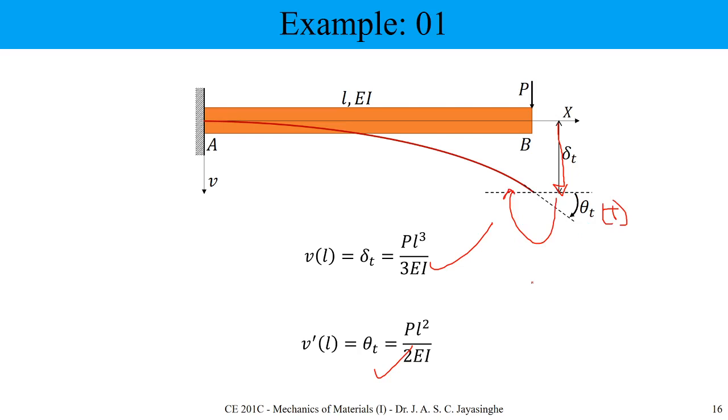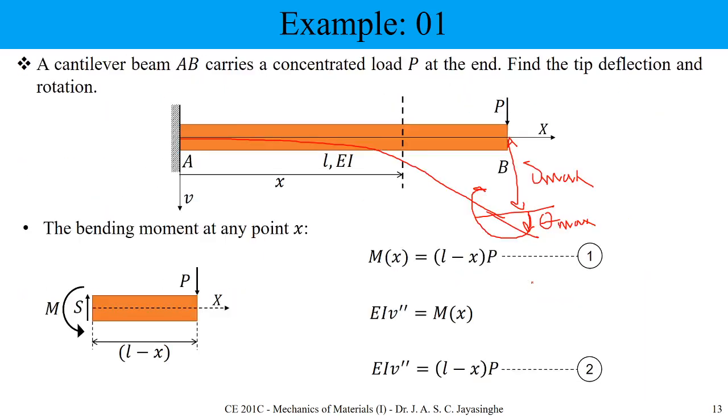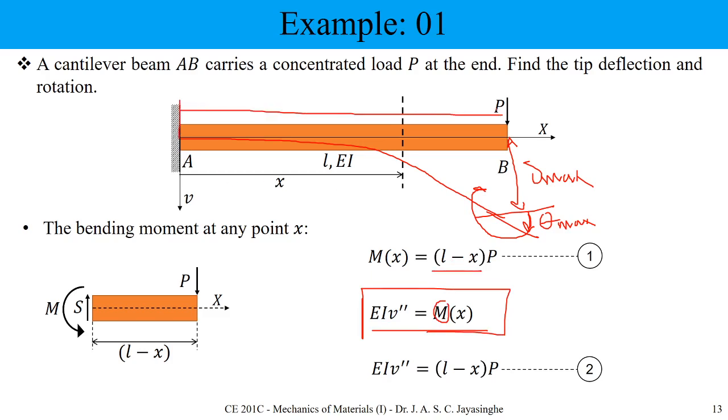This is the end of this question. The most important thing is that we start from this general equation, and here we need the general M. In this question we can express the whole domain by using one bending moment equation.